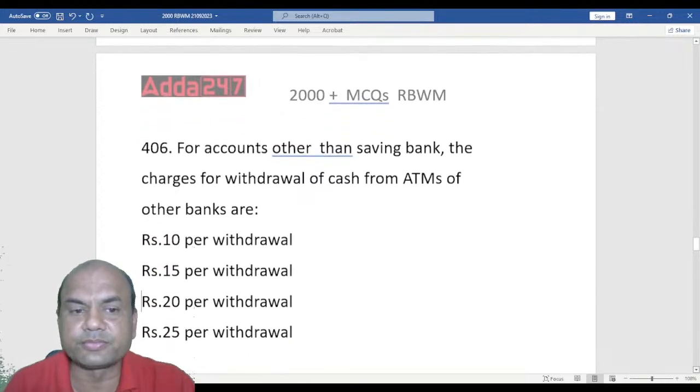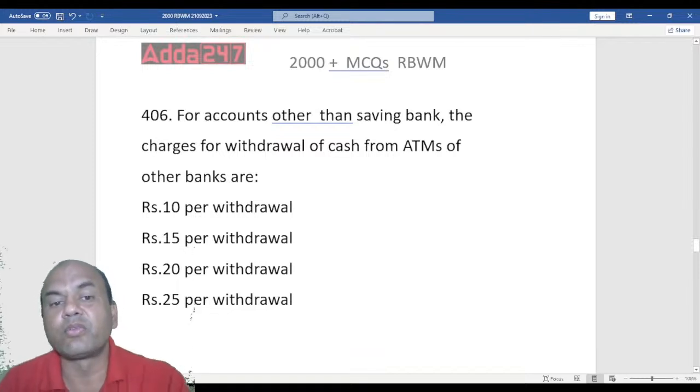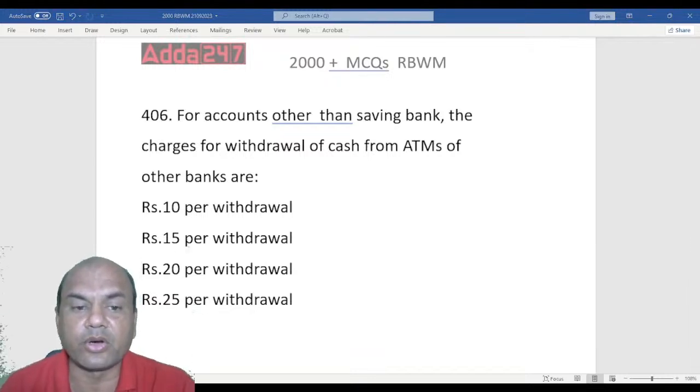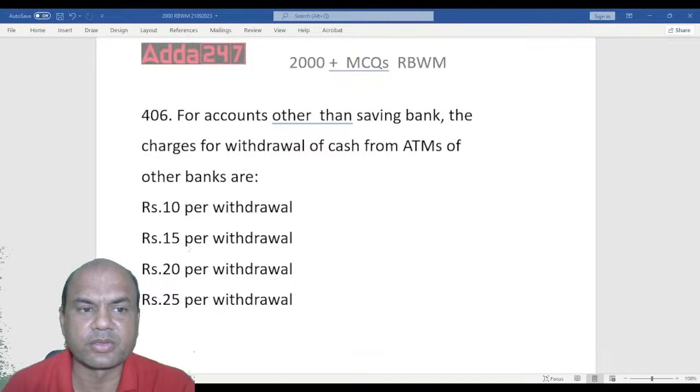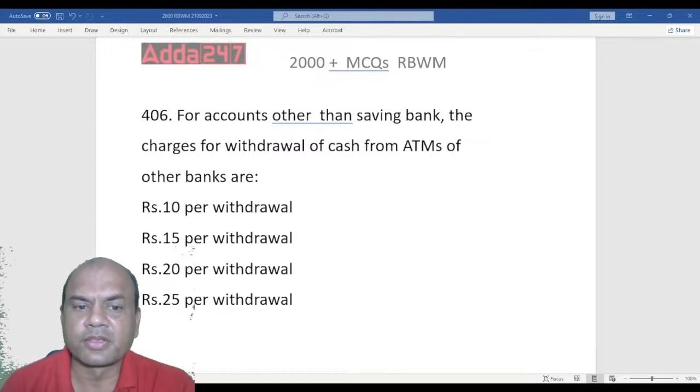So let's move on. For accounts other than savings account, charges of withdrawal of cash from ATMs of other banks, what are the charges? Let me see.